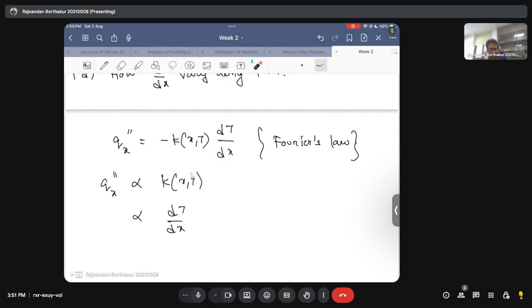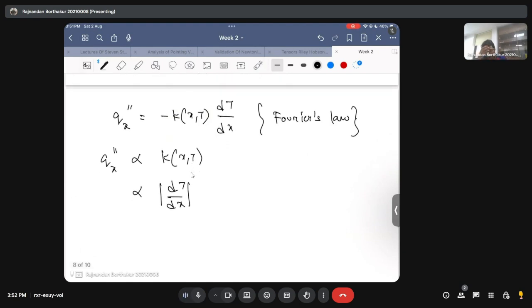But if you try to see how the magnitude of flux varies along the positive x, I can say that it is proportional to the thermal conductivity k, and also proportional to the magnitude of dT/dx. I am just discarding the minus sign because I just want to know how q_x double prime, the flux, varies along the positive x direction.